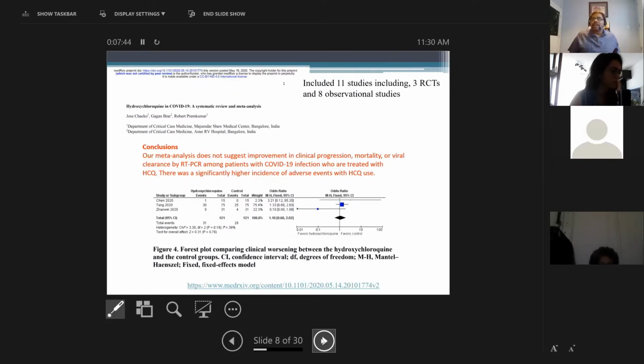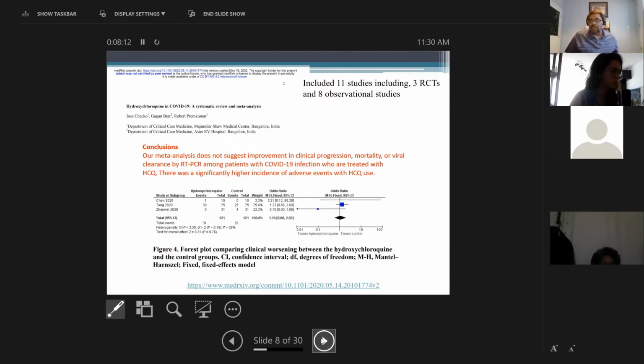Now let's look at COVID-19, right? I've already found a couple of systematic reviews and meta-analyses online. I bet you dozens of them will be coming out in the coming weeks, okay? Here is one by 2 authors from India, only a preprint, not peer-reviewed, both from Bangalore. They found 11 studies in all, 3 randomized control trials and 8 observational studies, okay?